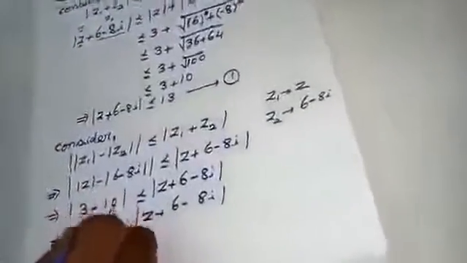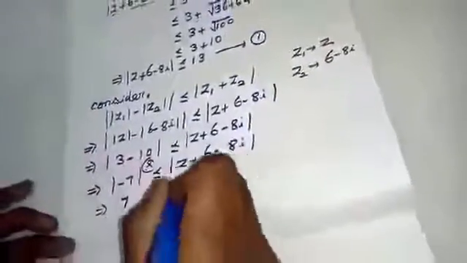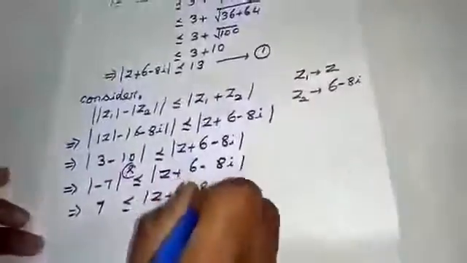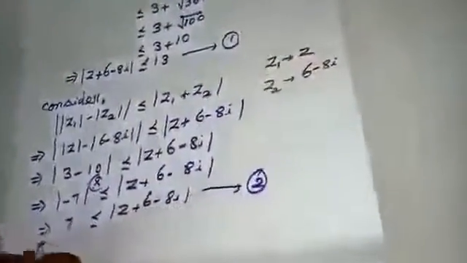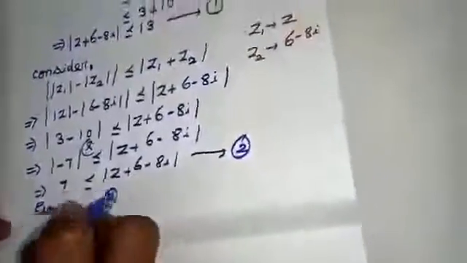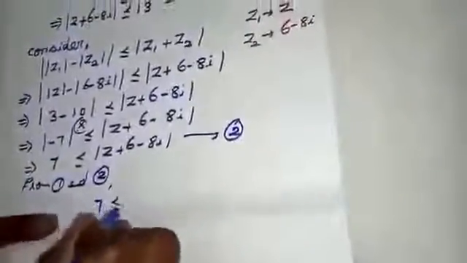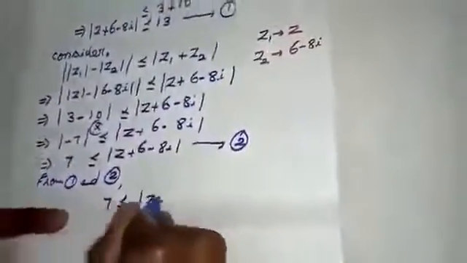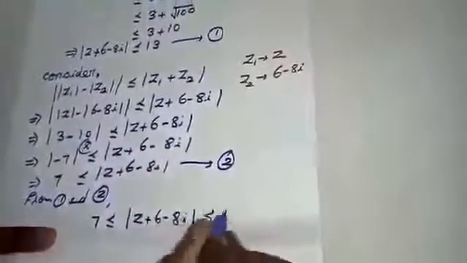Important, modulus of minus 7 meaning is 7, which is less than or equal to modulus of z plus 6 minus 8i. Mark it as equation 2. You are going to compare 1 and 2. From 1 and 2 you will get the value as 7 less than or equal to modulus of z plus 6 minus 8i less than or equal to 13.